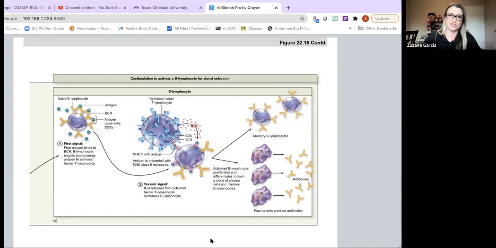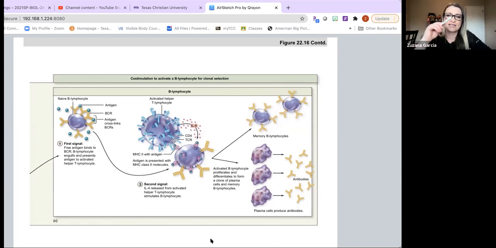But it's interleukin-4 in this case. I was going to say CD4 and interleukin-4, but we have CD4 in the other one too. So somehow remember that it's interleukin-4 for the B lymphocytes.